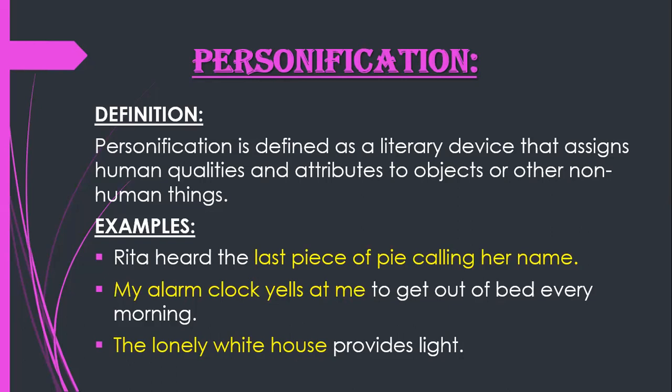A human being. But here a house is lonely. What does it mean? It means this has been personified. So what is personification? It is basically any human quality or attribute which has been depicted in a non-human thing.